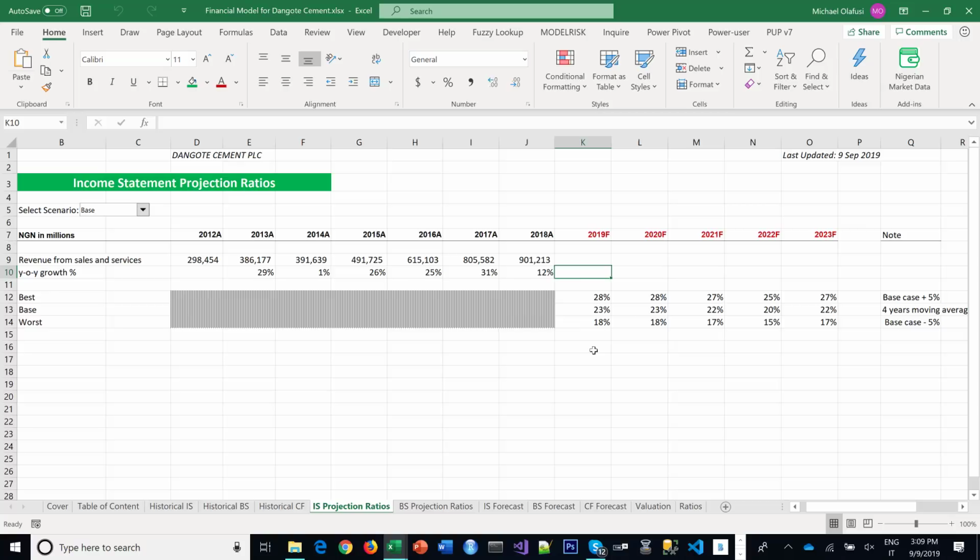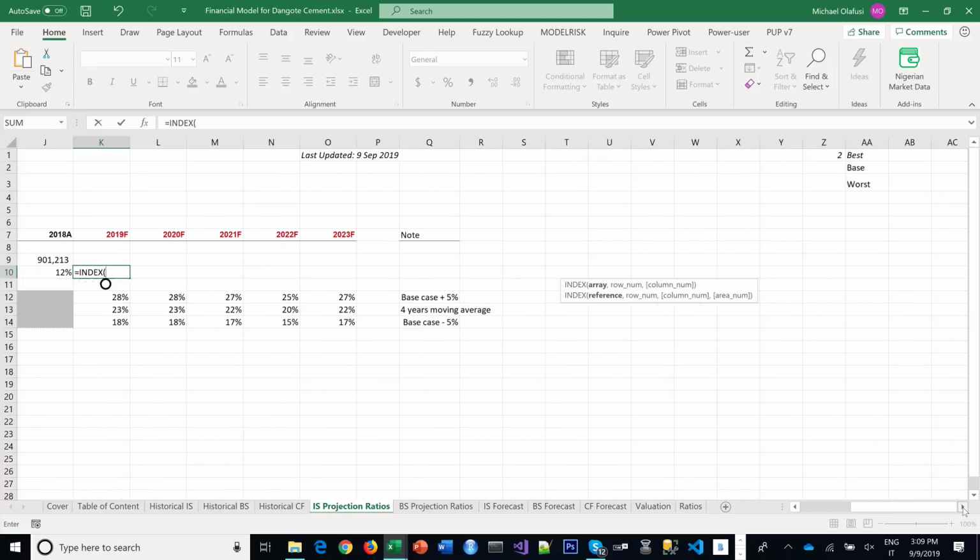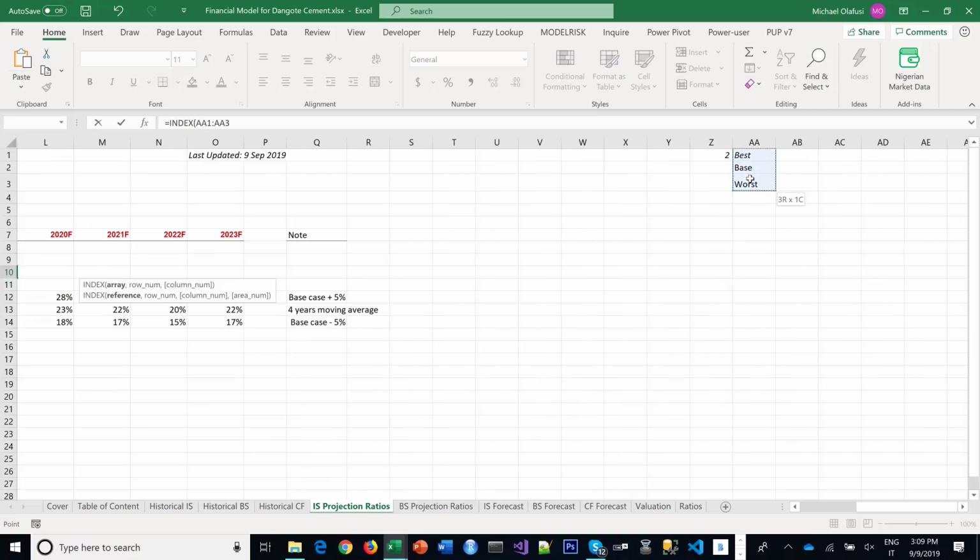So how do I do that? Okay, I can use index and say, whatever you pick in this list, which is identified by this number here, that's what it should use.